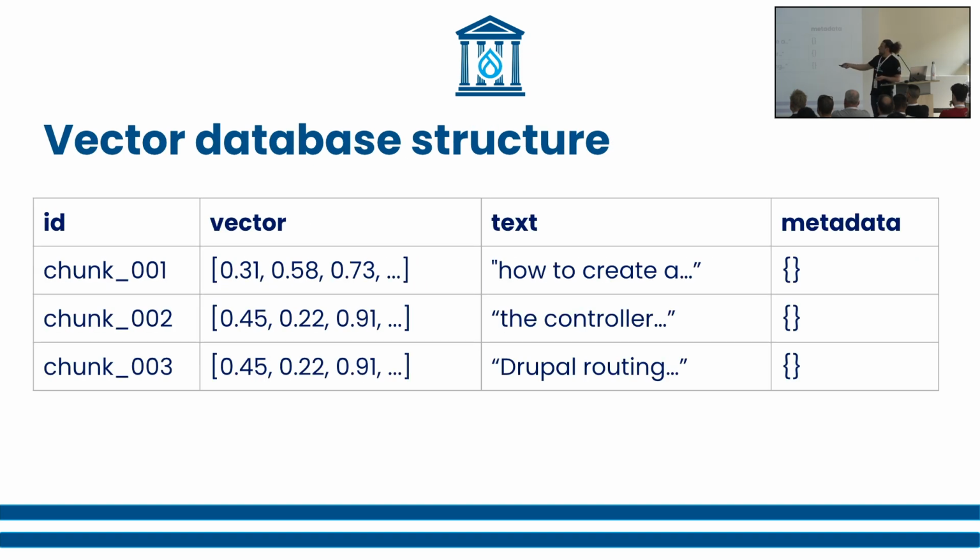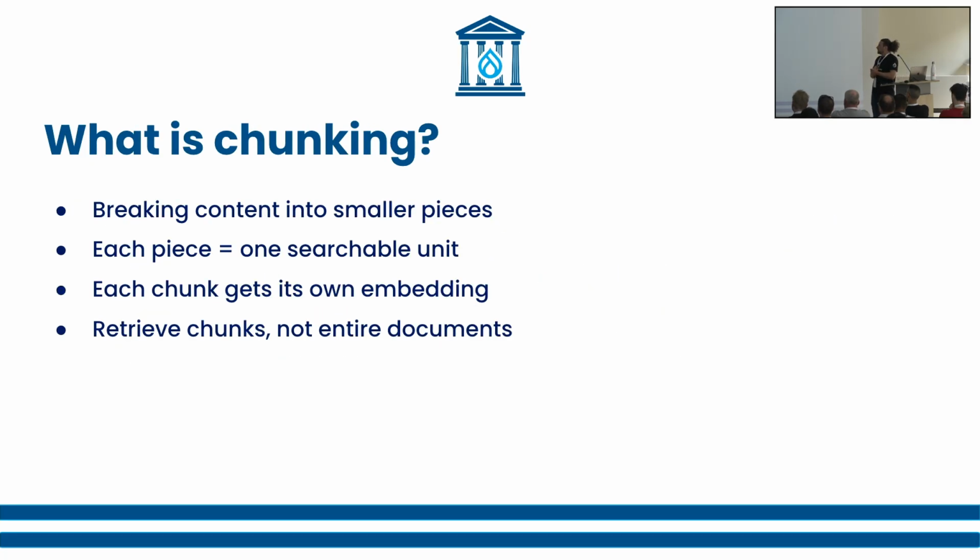This is how it looks. So we have the chunk ID, the vector here, the text, and then the metadata. If you have any system like, for example, Pinecone, you can see those as well. So chunking is the technique of breaking down the content into smaller pieces, because each piece then becomes a searchable unit, and each chunk gets its own embedding, so it has more accurate matches.